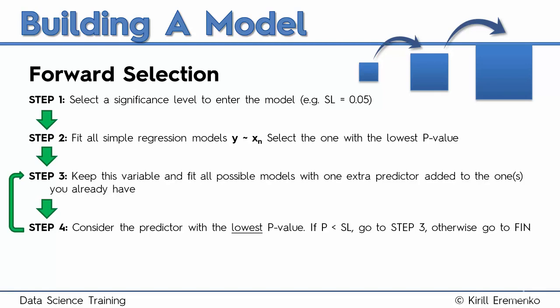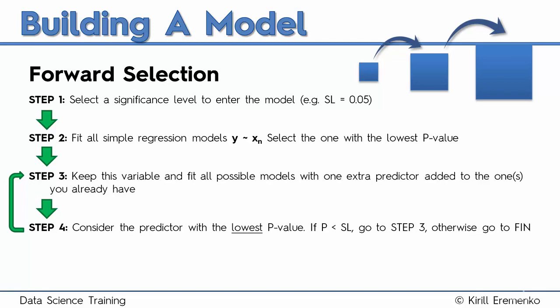It means that now we have a regression with 2 variables, and now we will add a 3rd variable, and we'll try all possible variables that we have left as our 3rd variable. And then out of all of those models with 3 variables, we will go to step 4 and select again the one with the lowest p-value for that third variable that we added. And we'll keep doing that. So we'll keep growing the regression model, but not just randomly.